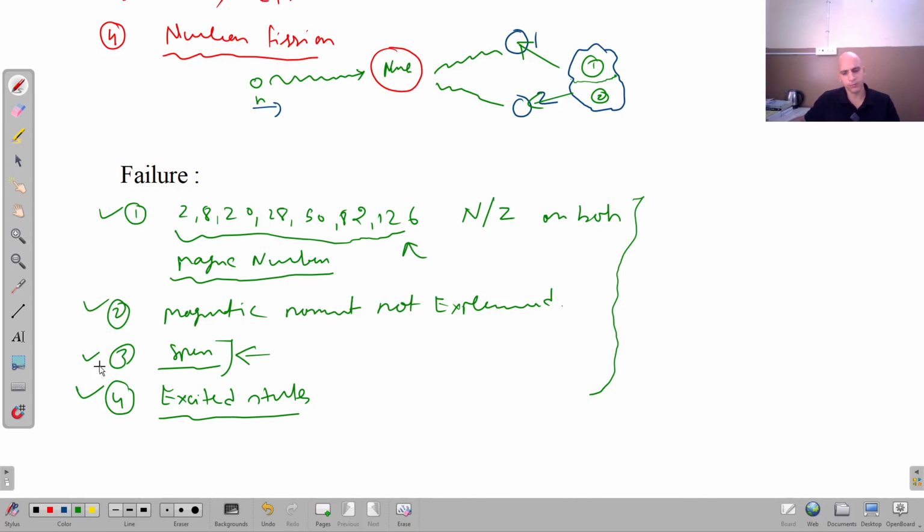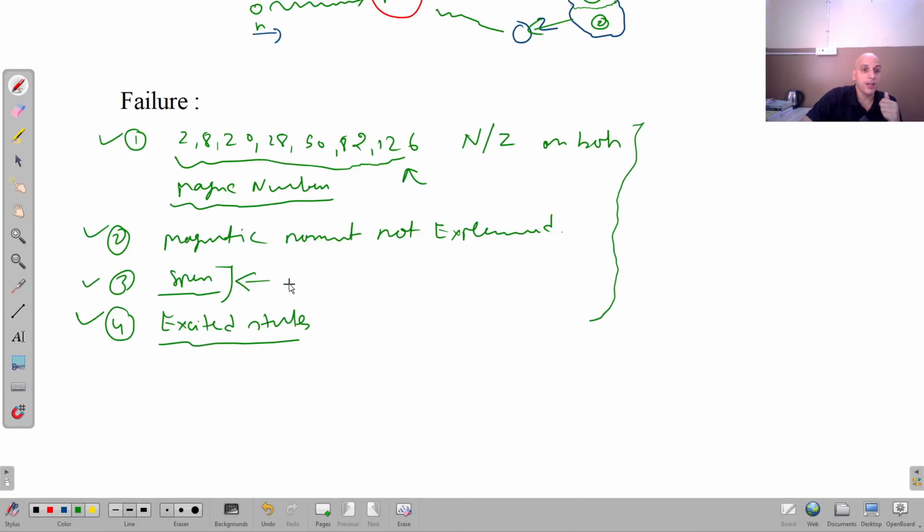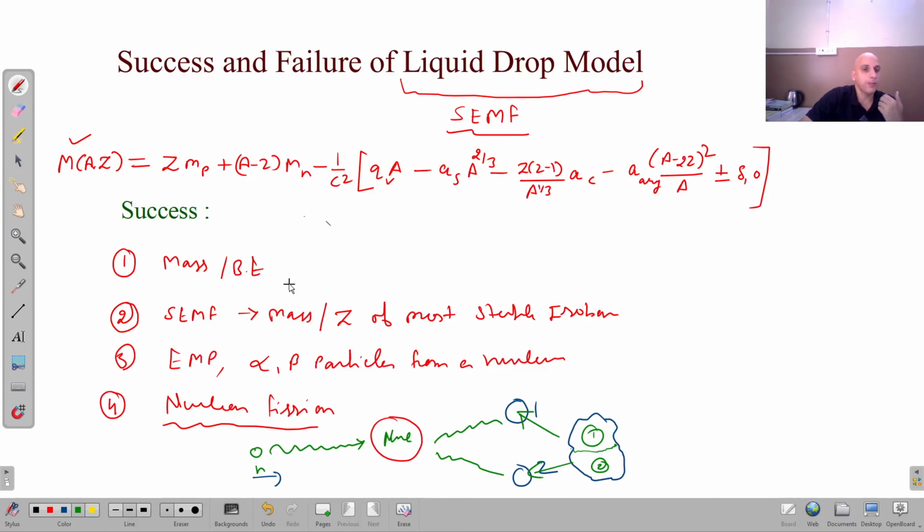But although this model has these failures, it is sufficient to explain these different properties of the atomic nucleus, and we know very well that this is the first model that made an attempt to explain nuclear structure and nuclear properties.